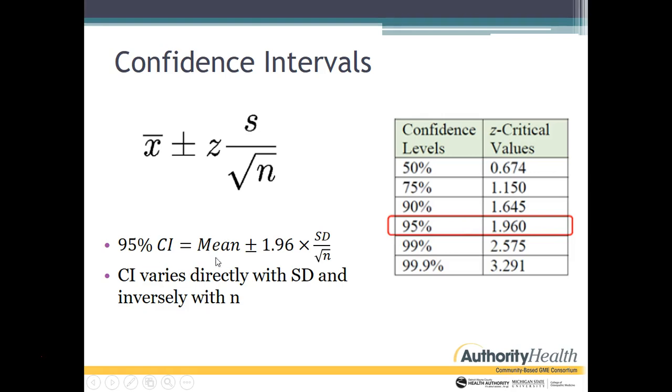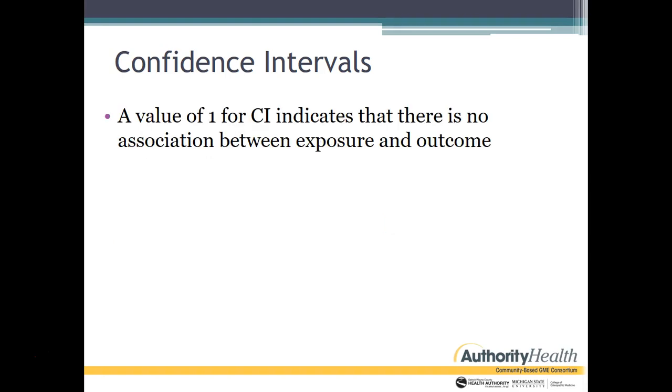So if you were looking for your 95%, then it would be the mean plus or minus 1.96. So anyway, my point is, here's the calculation relating to standard deviation and standard error, and the confidence interval varies directly with standard deviation and inversely with the sample number. So as your number goes up, the confidence interval will narrow, and as your sample number decreases, your confidence interval will widen.